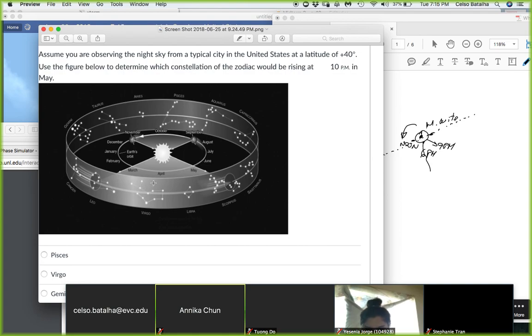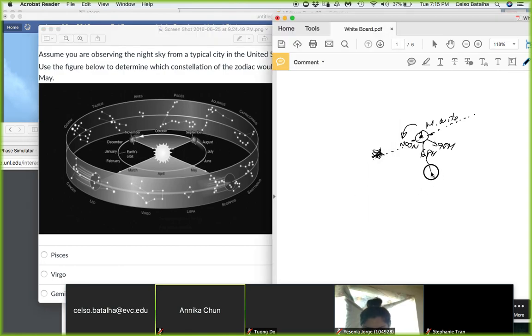And I don't know, it seems to be falling probably in Leo. So if you take a tangent on May, it's going to fall on Leo. And that is 6 p.m., right? That's the region here, 6 p.m., which is perpendicular to noon and midnight.